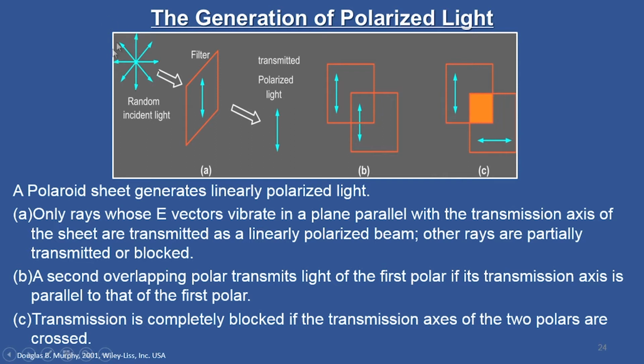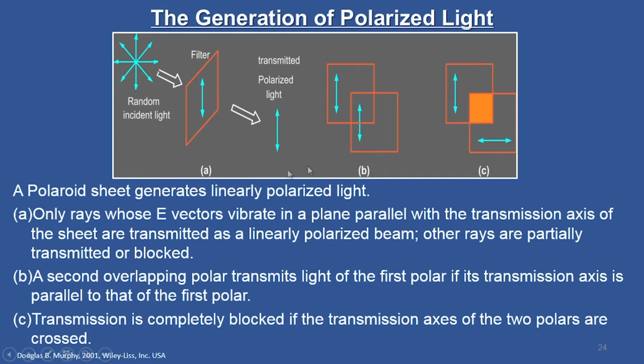So, you have the random incident light, which is passing through this filter, and it allows only the waves whose electrical vectors vibrate in the plane parallel to the transmission axis. Other rays are blocked. So, you can see that only this direction of vibration is allowed, others are blocked.